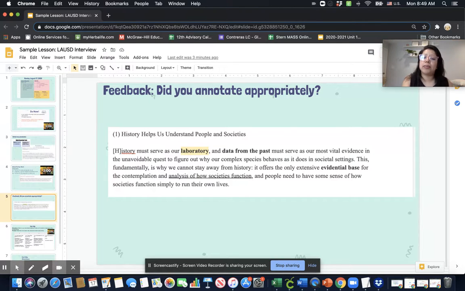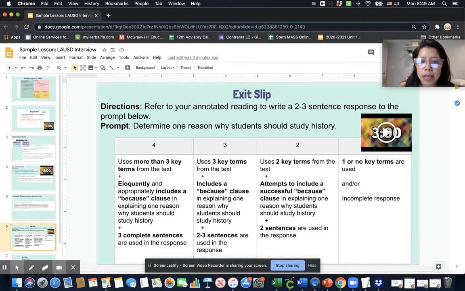And go ahead and make some changes. But I think most of us had certain terms, and a lot of you had that golden line. Awesome. So we're going to go ahead and move to the exit slip.